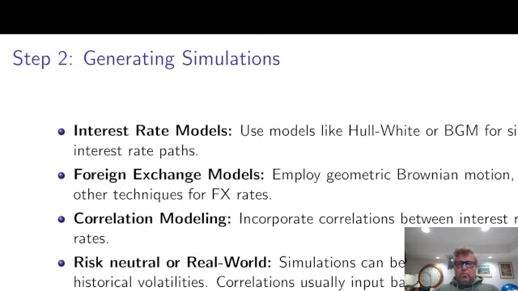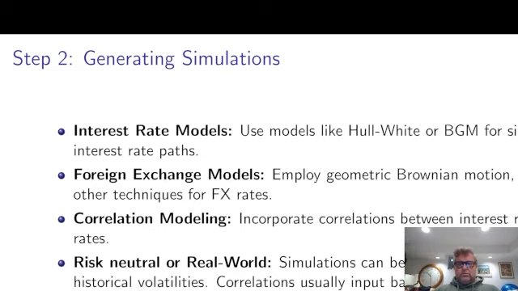However, the real world variables is often used for risk management. If you want to hedge it or price it, you really need risk neutral volatility. So the risk neutral ones have risk embedded, and you need to calibrate your volatilities to market instruments.